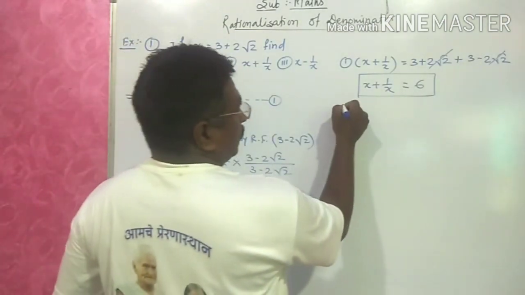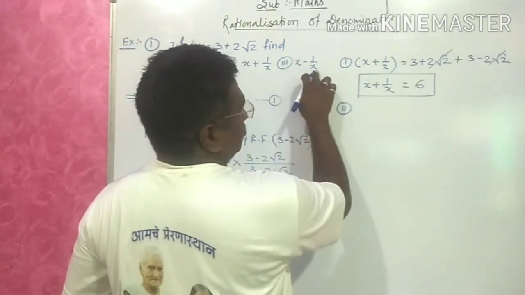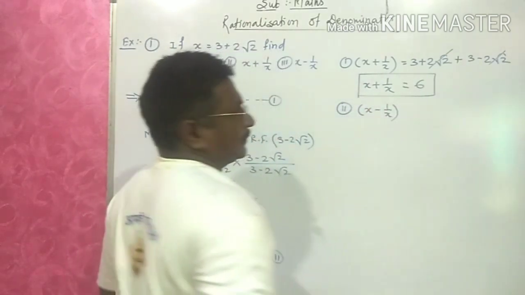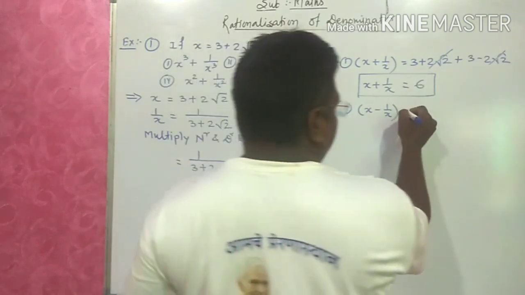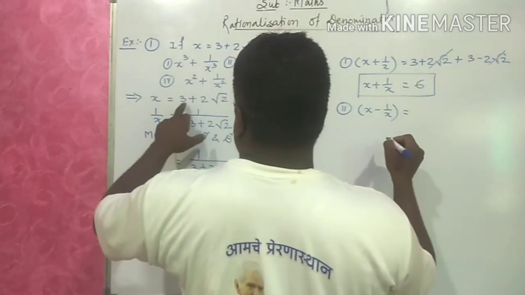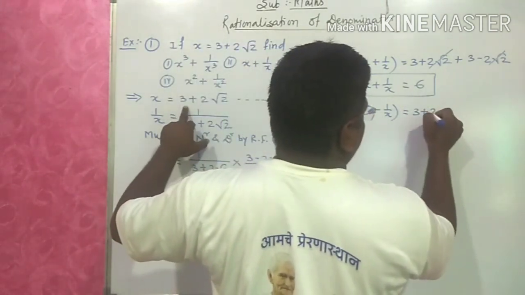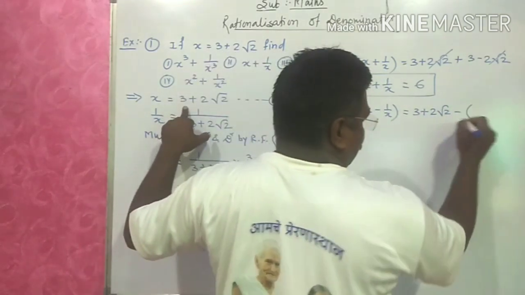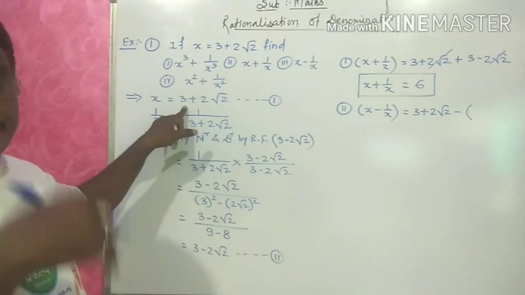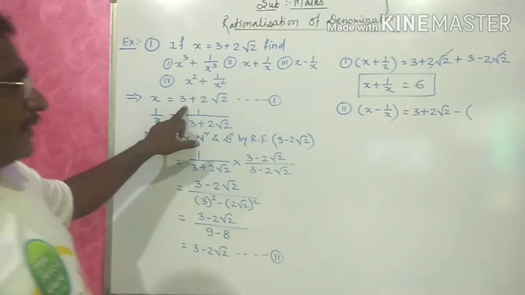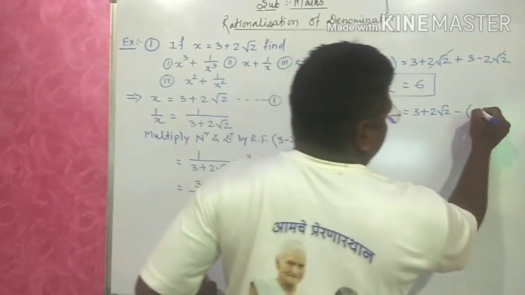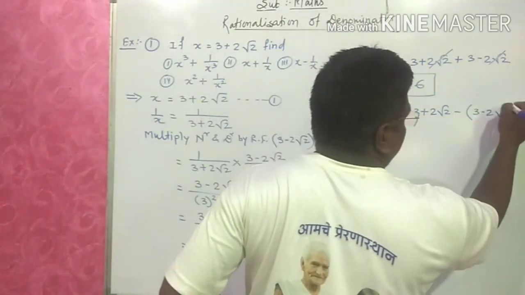Now we will go on to the second, x minus 1 by x. So what is the value of x? 3 plus 2 root 2. Now here minus is there, so whenever a minus sign comes, the second term has to be taken in a bracket. What is the 1 by x value? 3 minus 2 root 2.